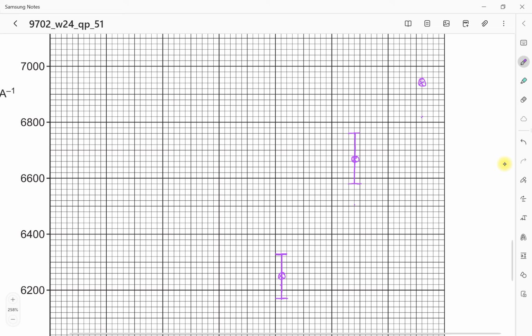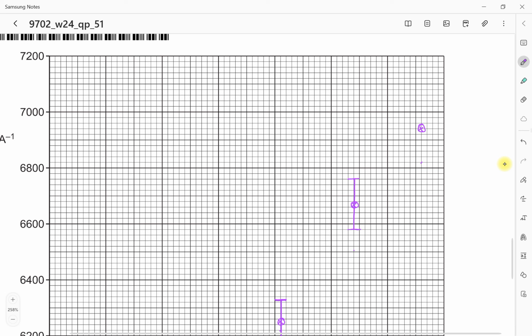Then the last point was, I think, 100. 100 divided by 20 on the vertical is 5. So count 1, 2, 3, 4. 1, 2, 3, 4, 5. Then 1, 2, 3, 4, 5.